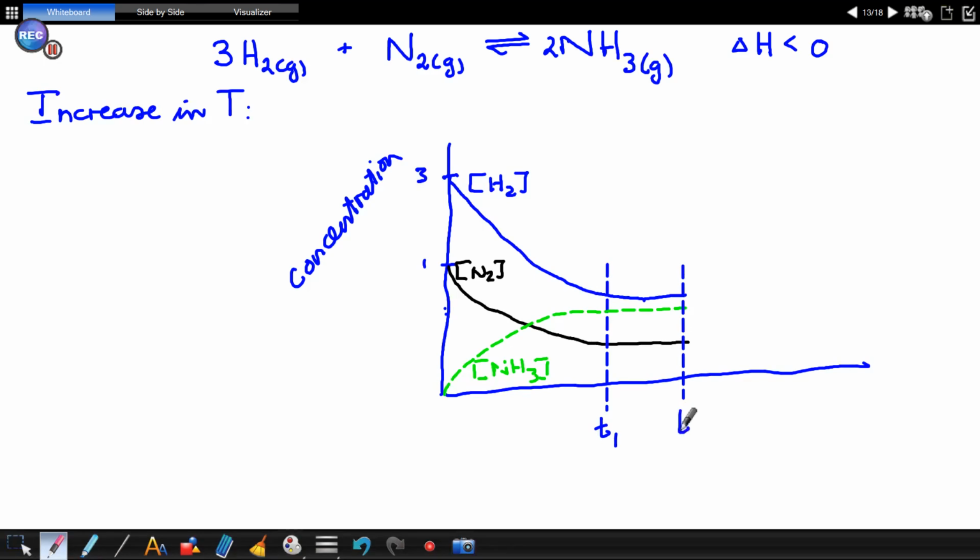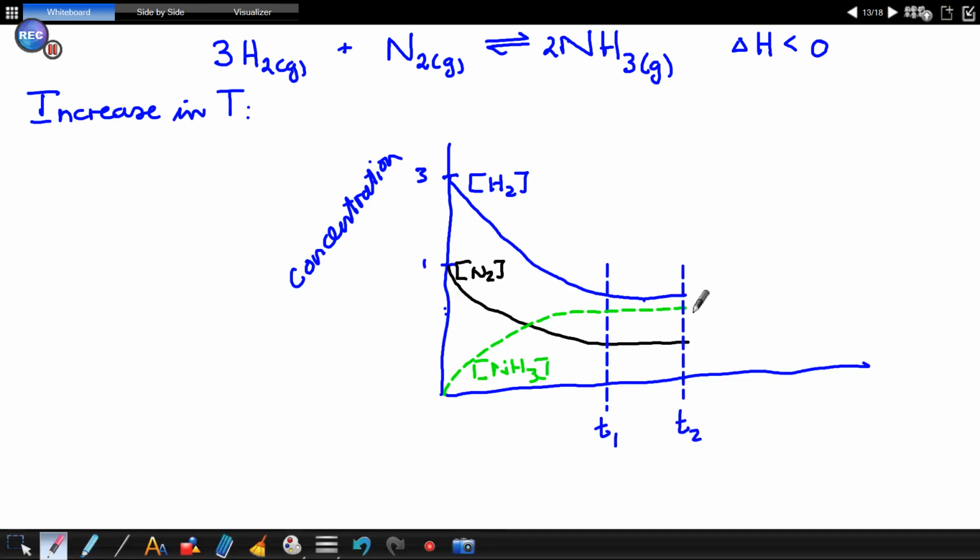We increase the temperature. What is going to happen to the concentration of the hydrogen and the concentration of the nitrogen? It would increase. Why would it increase? It's favoring the reverse reaction.